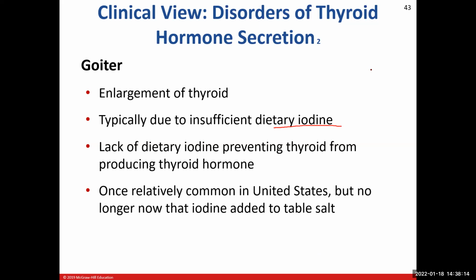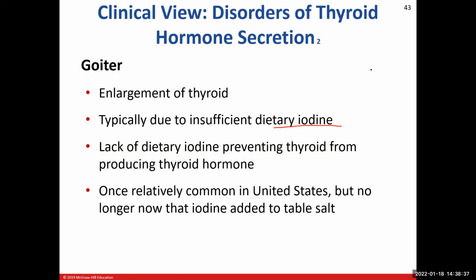If you ever notice, if you have table salt on your table, usually when you go to the store, people will buy iodized salt. And with the creation of that iodized salt product, we have managed to decrease goiters because of that.